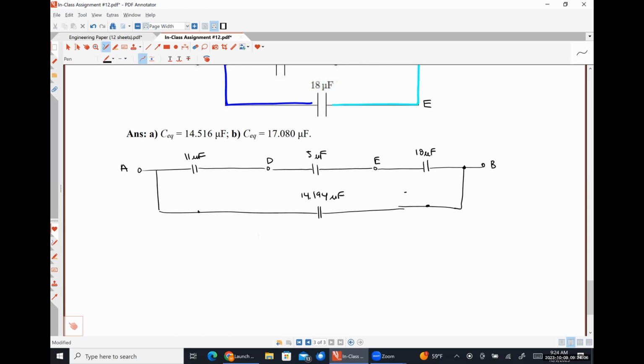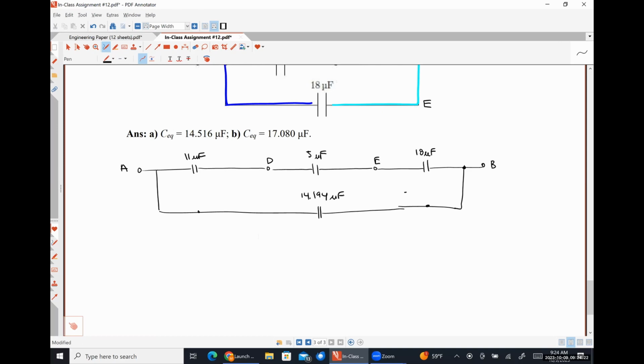I'm just going to store that in my calculator as x. For that topmost path, that's going to look like 1 over 11 plus 1 over 5 plus 1 over 18.